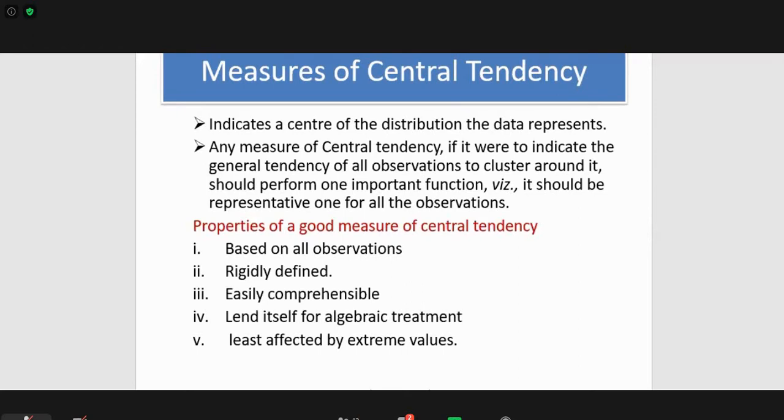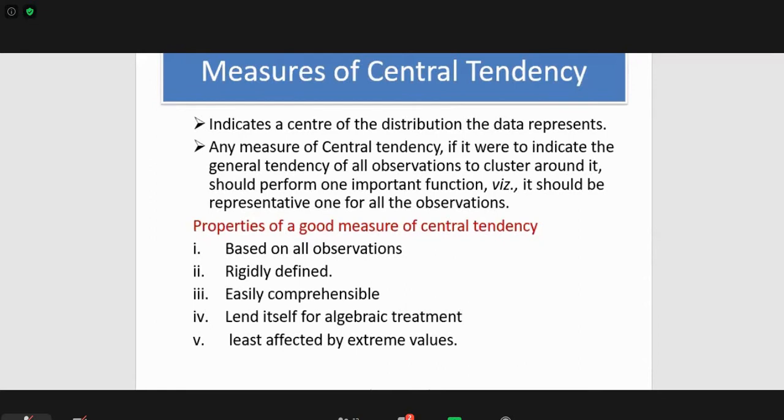Maybe it may give you 17 kilometers per liter. But whenever we talk about our car, we say it gives an average of 12 kilometers. So all the data points are represented by a single value. That single value should be a good representative for all the observations.